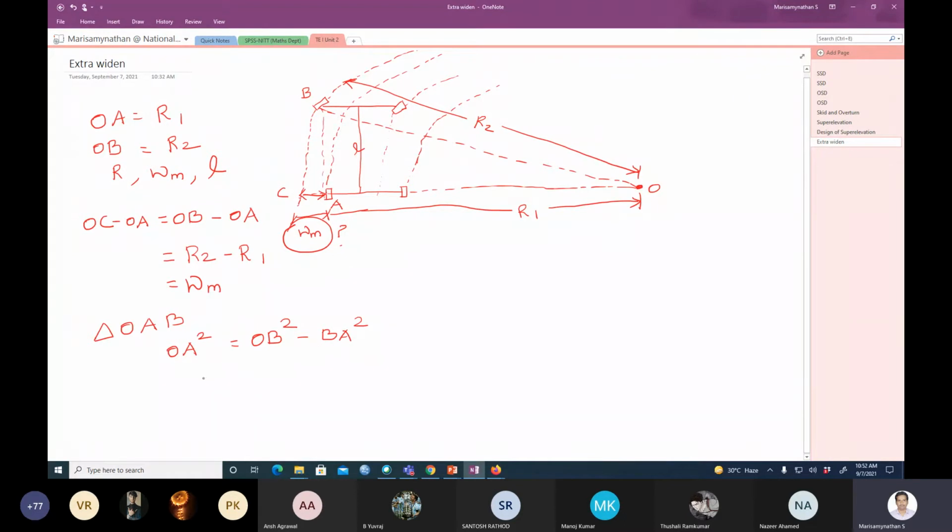So OA is R1, OB is R2, so R1 squared equals R2 squared minus L squared.